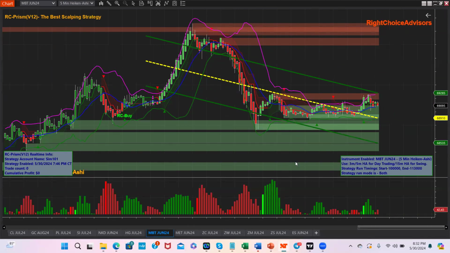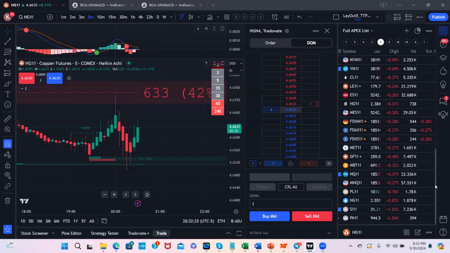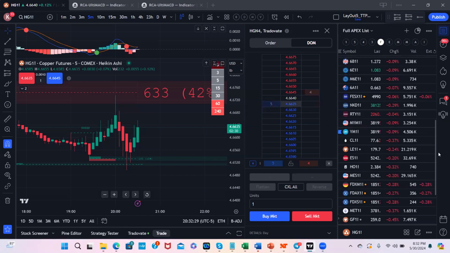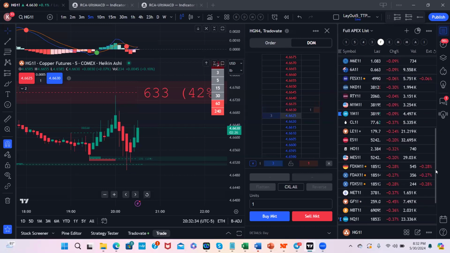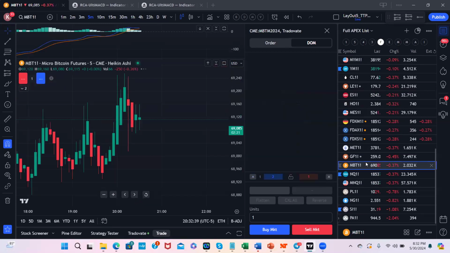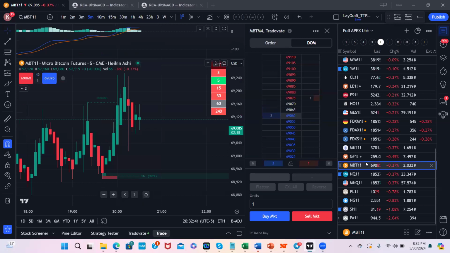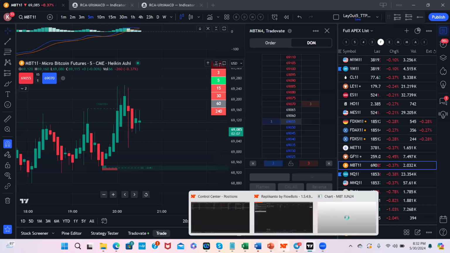On Bitcoin, Bitcoin also looking more bearish than bullish. So we can enable short only on Bitcoin also.